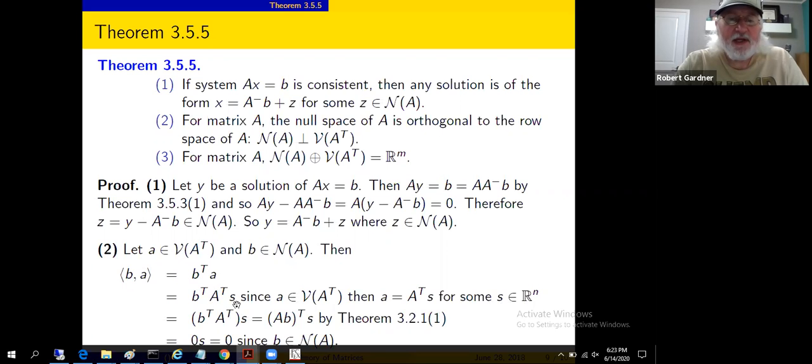So we can take the a and express it as a linear combination of the columns. We can write it as A transpose times s. I have no clue what s is, but s will tell me what a is. We can associate these first two things together by the property of transposes, the transpose of a product being the product of transposes in the reverse order, back from section 3.2. Okay.